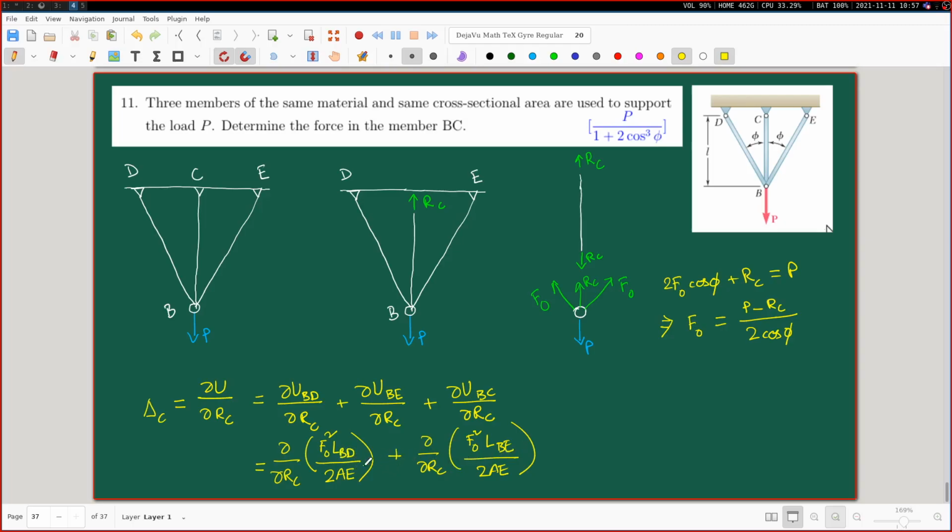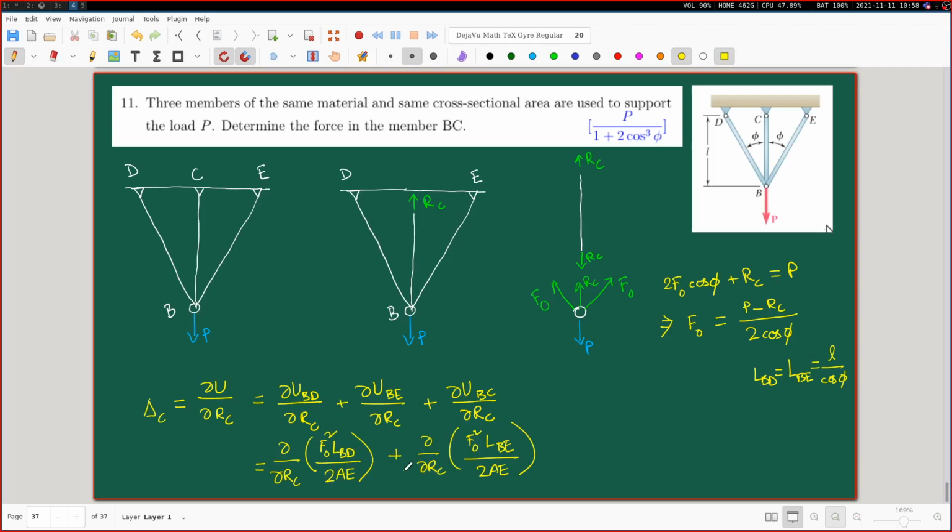Now please note that LBD is equal to LBE is equal to how much? This BC length is given as small l. Okay, so LBD is equal to LBE is equal to L by cos phi. Is it not? L by cos phi. And F naught we have already obtained in terms of this RC. So these two expressions are actually the same.